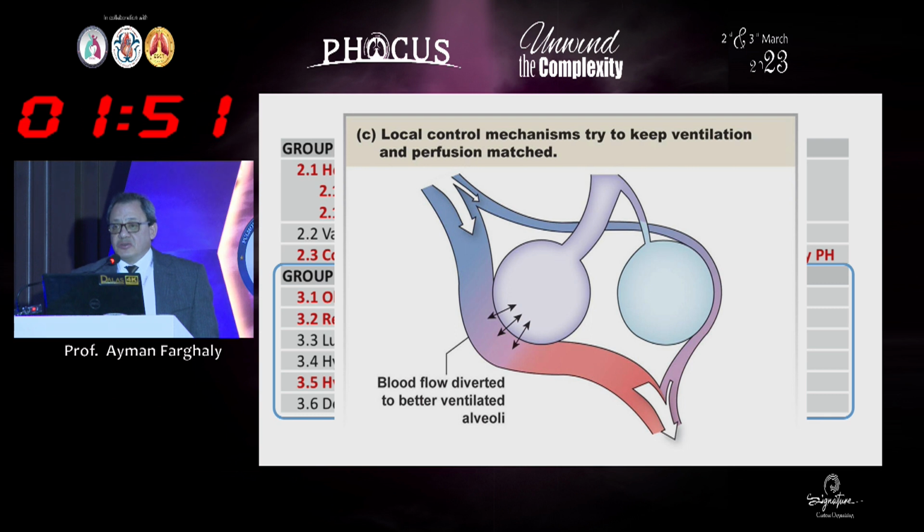We don't treat this group, or we treat it very cautiously, because the pulmonary hypertension is due to diversion of the blood from the hypoxic areas that don't have oxygen towards the working areas in order to keep the ventilation perfusion matching. If you disrupt this by giving vasodilators haphazardly and empirically, you are going to create shunt.